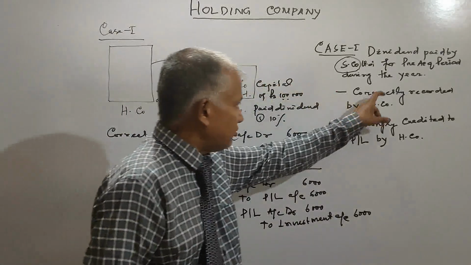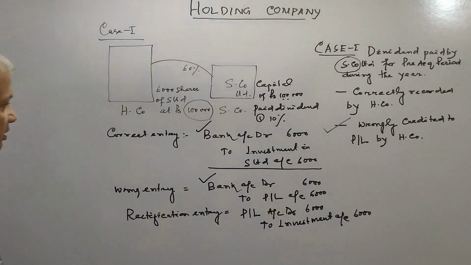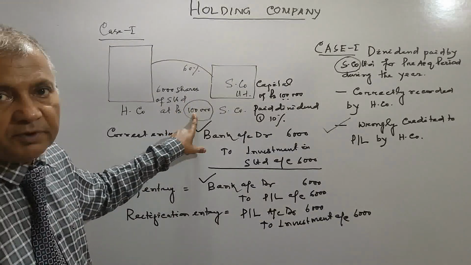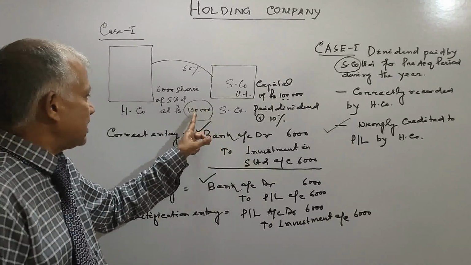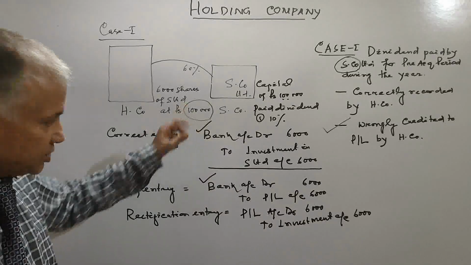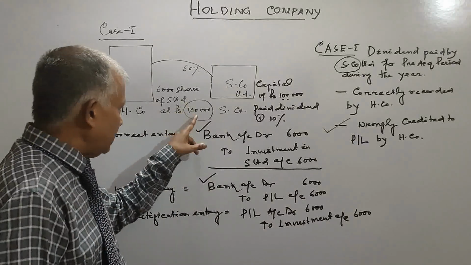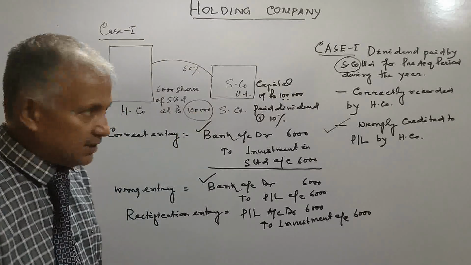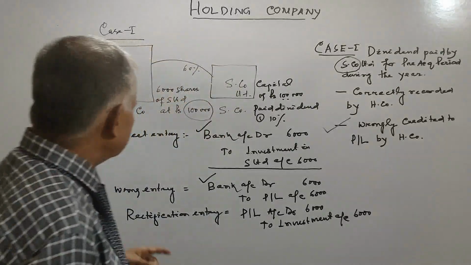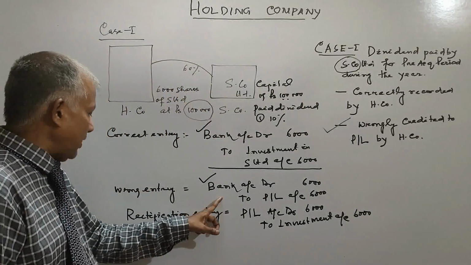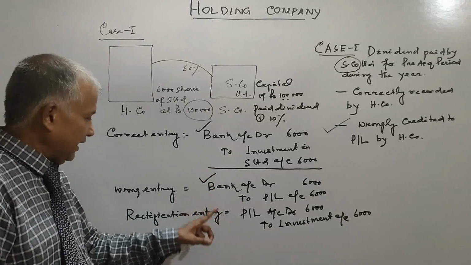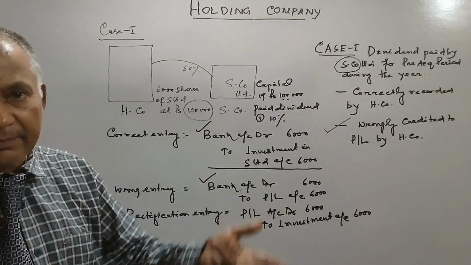If it is the correct position, then the holding company has reduced the cost of investment. After the 6,000 credit, it will be 94,000 in the balance sheet. If it has not credited the investment, and has credited the PL instead, then this is the wrong entry passed, and the rectification will be PL debit.